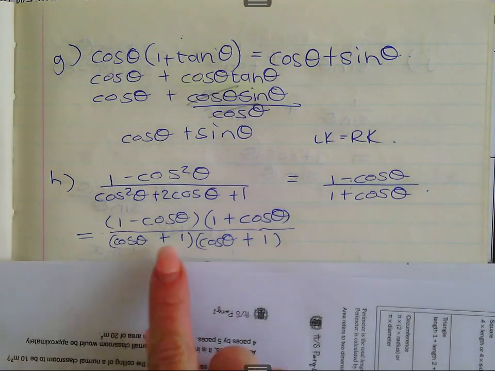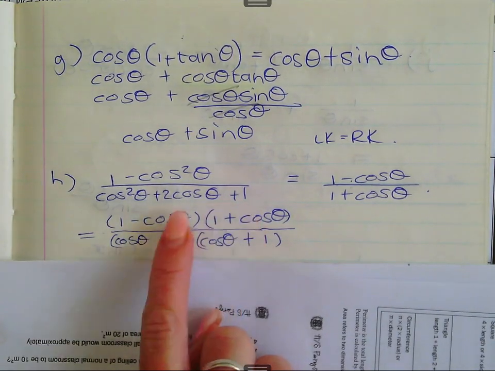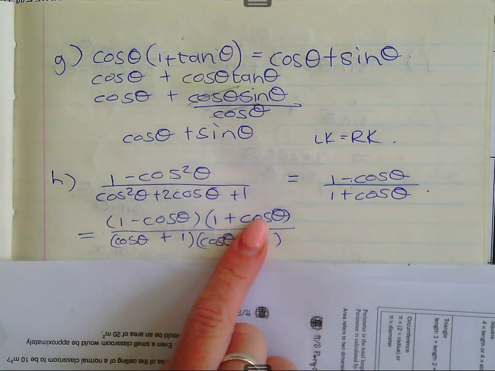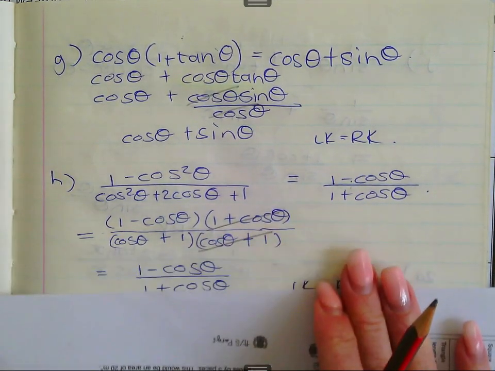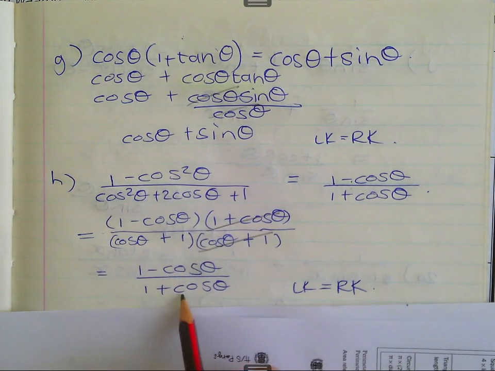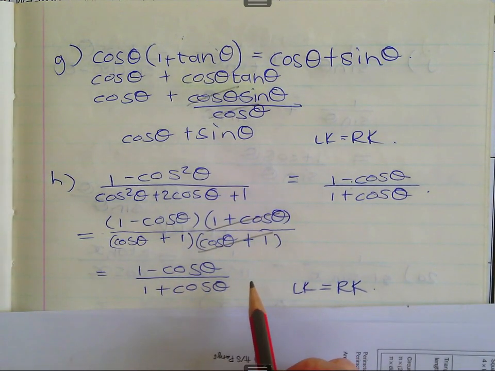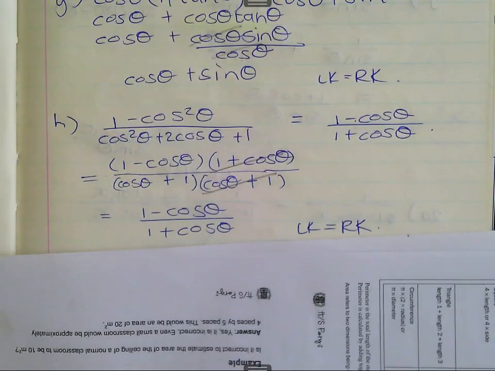Now after I saw this, I knew that I had to use the difference of 2 squares at the top. And once you do that, you can cancel out. And remember, cos theta plus 1 is the same as 1 plus cos theta. There's no difference. And then the left side is equal to the right hand side.